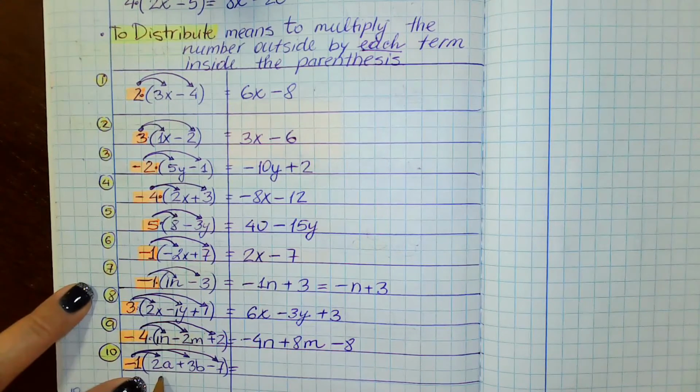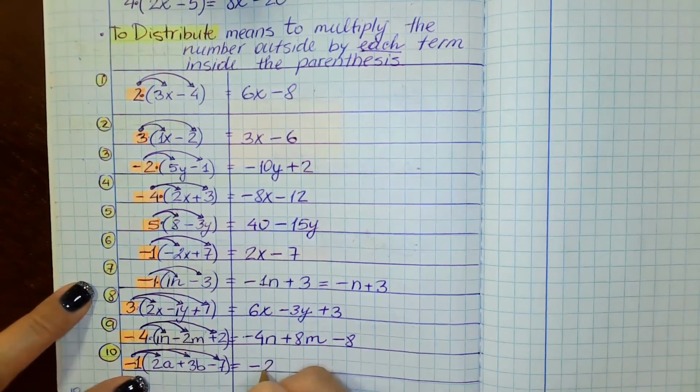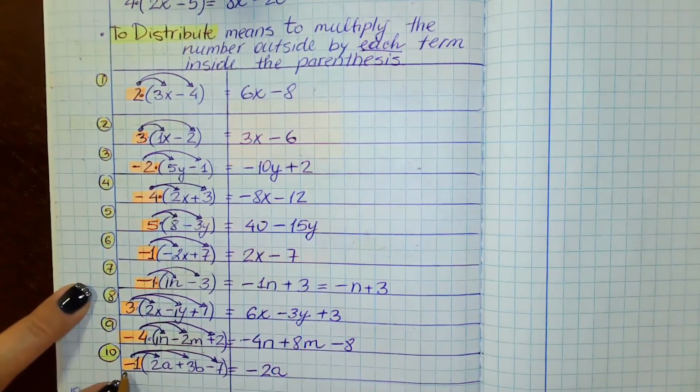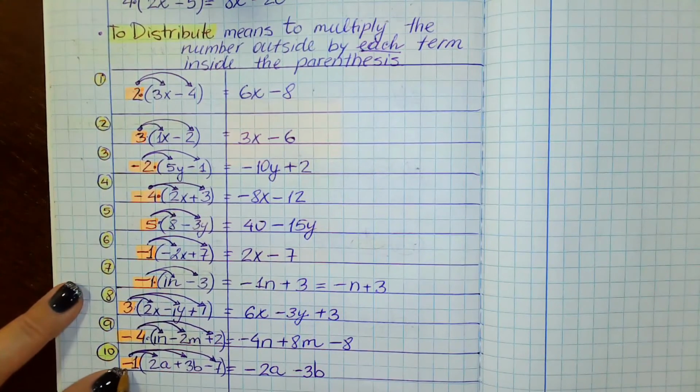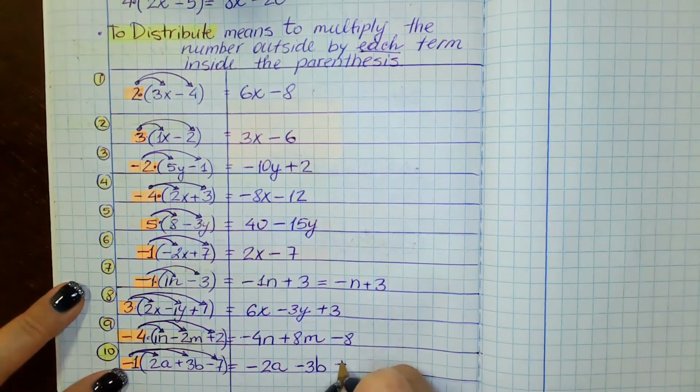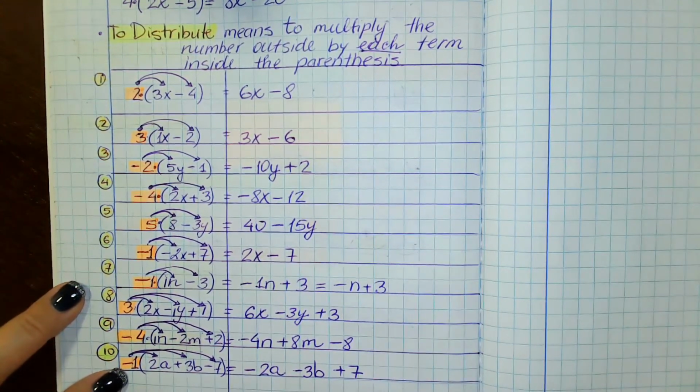Negative 1 times 2a, negative times positive will be negative 2a. Negative 1 times 3b. Negative times positive is negative 3b. And the last one, negative 1 times negative 7. Negative times negative is positive 7. 3 terms because we had to do 3 multiplications.